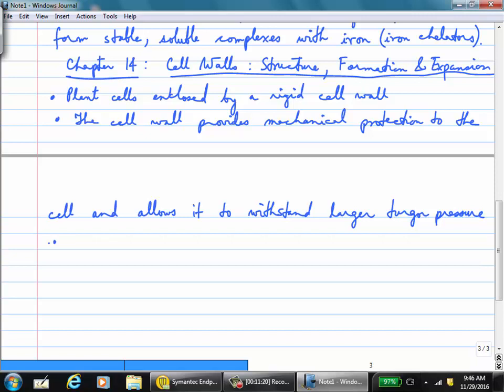Also, when water is being drawn up the xylem, there is tension, because there's a transpiration stream going on. So this cell wall makes sure that the thing doesn't collapse when there is tension or negative pressure.